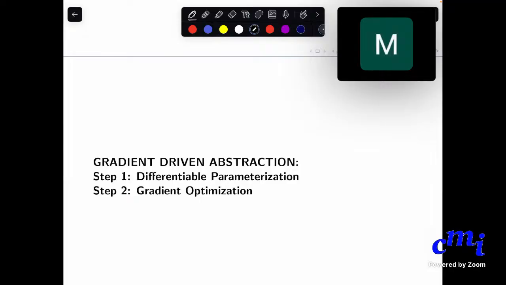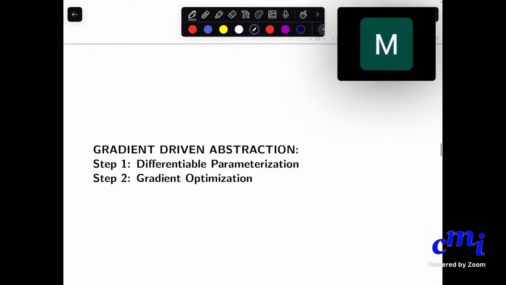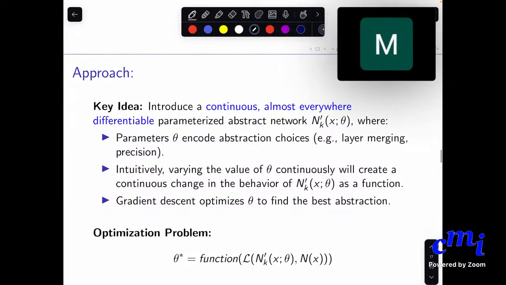So this paper suggests gradient driven abstraction. First step is differentiable parameterization, and the second step is gradient optimization. So what is the idea? The idea is ultimately we make some choices, right? Which to merge, which to unmerge, and which concrete node of the actual neural network will be retained, or which concrete nodes will be merged to form an abstracted node.